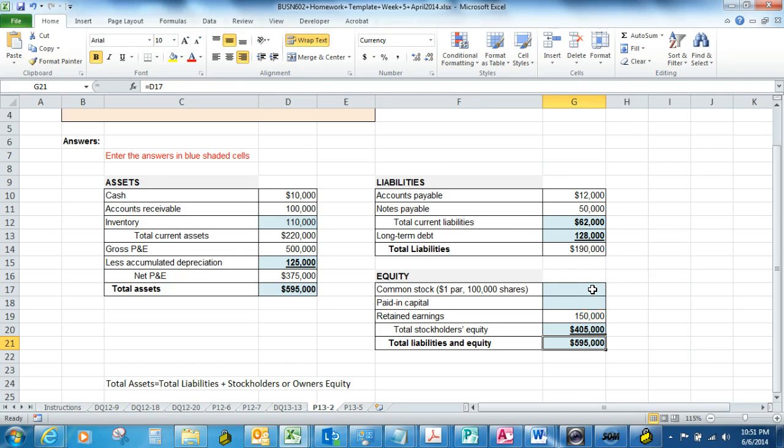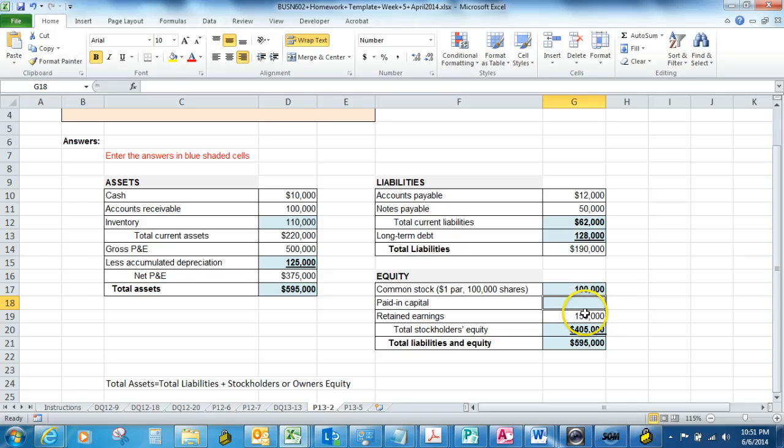Okay, so common stock, it tells us that it was $1 par, and there's 100,000 shares outstanding. So that means that that's 100,000 in common stock. 100,000 shares at $1 par is $100,000.